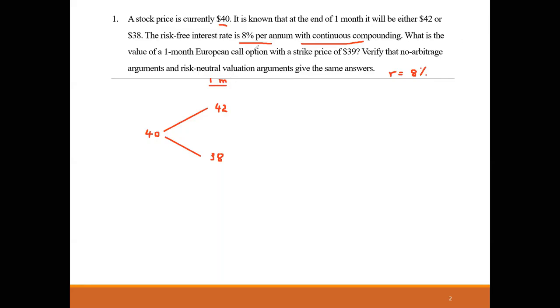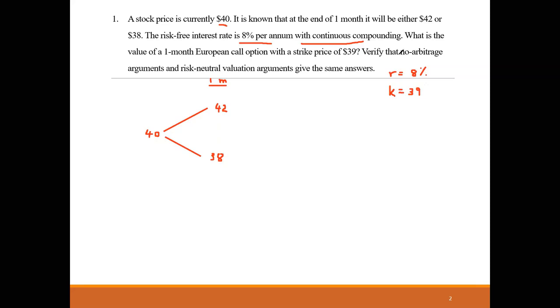They're asking what is the value of a 1 month European call option with a strike price of 39, where the strike price is 39. They ask you to verify that no arbitrage arguments and the risk neutral valuation give the same answers.